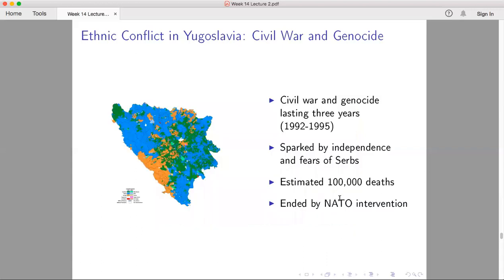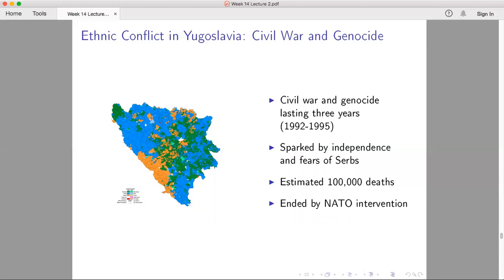And again, this conflict is ended by NATO intervention. So particularly given that the US and others did not pay enough attention to the Rwandan genocide, they explicitly decide not to wait in Bosnia and to intervene on behalf of Croats and Muslims in the area.